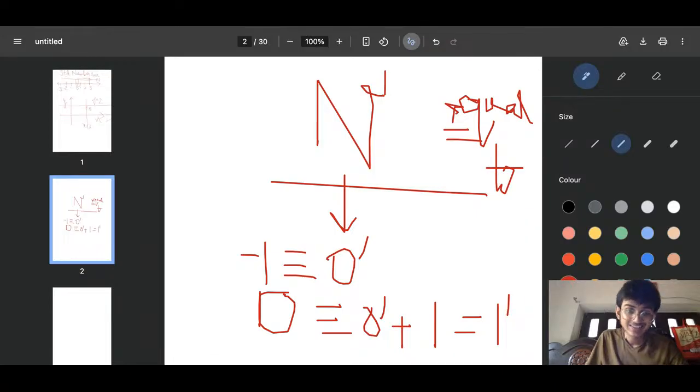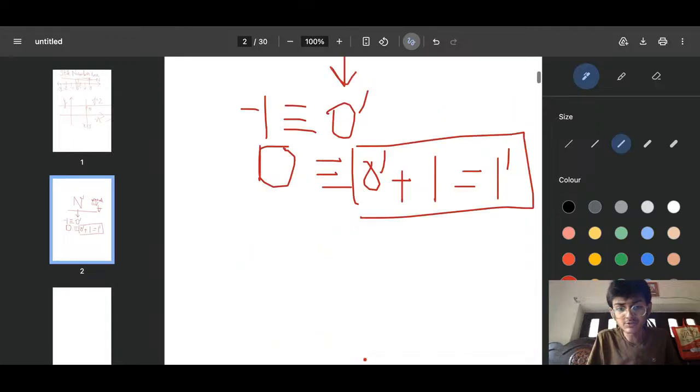How? Just look at it. You can do it directly: if minus 1 is equivalent to 0 dash, then we can say that 0 is 1 dash. But using mathematical rules, we just add plus 1 to both sides. So this is again an extension of the definition. The definition which we assign to the new system is just the extension of it, nothing more. So 0 dash plus 1 is 1 dash.